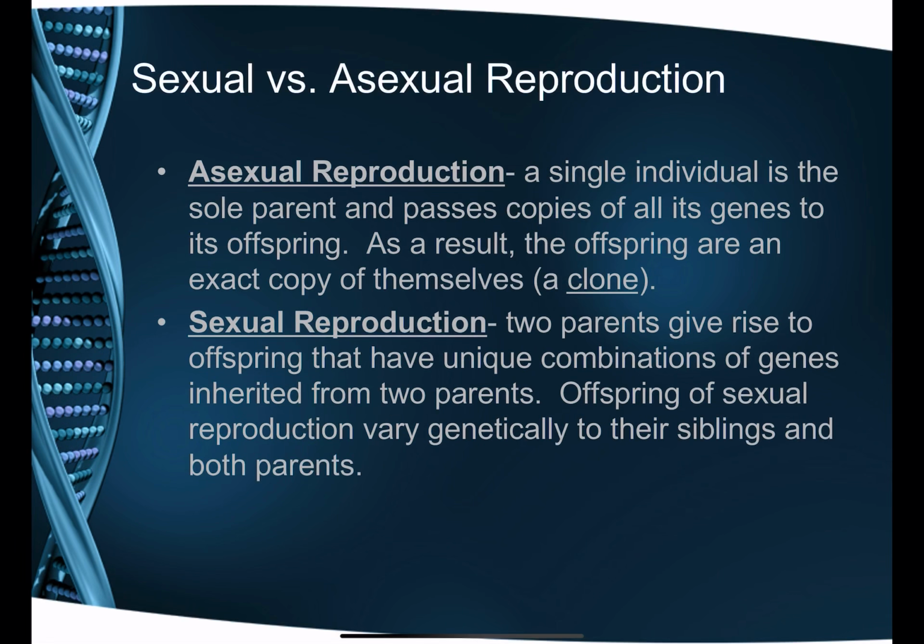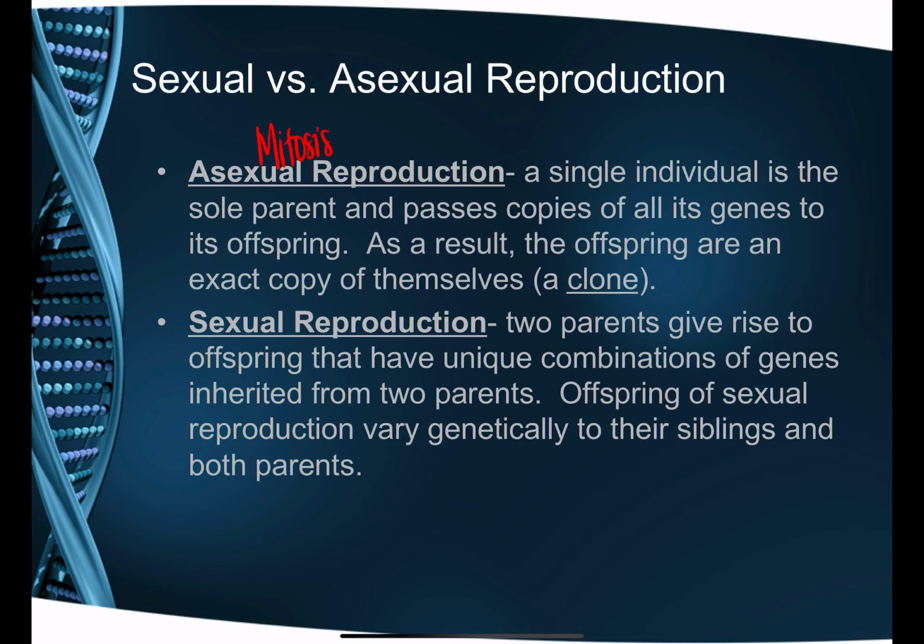So let's talk just a little bit about sexual and asexual reproduction, because that's really important in mitosis and meiosis as well. Mitosis can sometimes be involved in asexual reproduction. We use mitosis in our bodies to regenerate cells for growth, repair, or replacement.